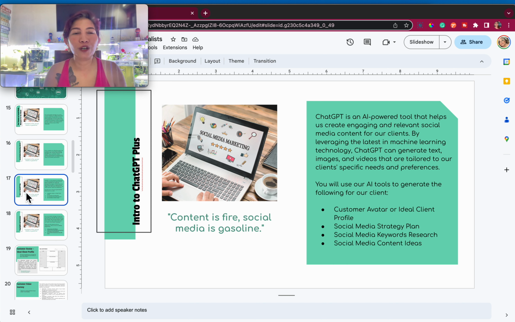And we also use ChatGPT to give us content ideas. There are times, especially since social media marketing is creative, when we reach a block where there's just nothing creative coming to us, right? And that's where ChatGPT is very helpful.